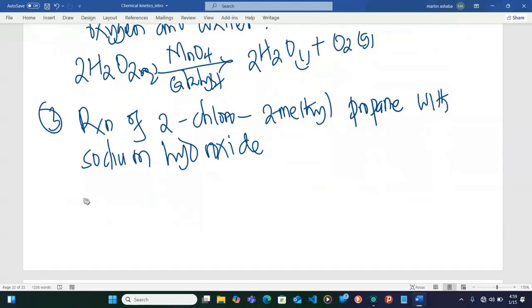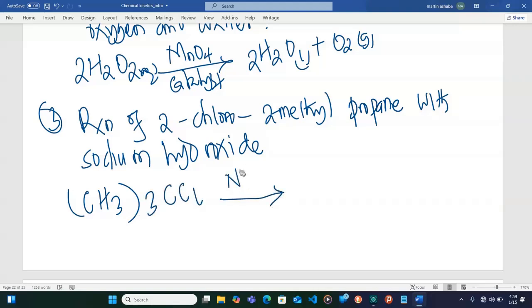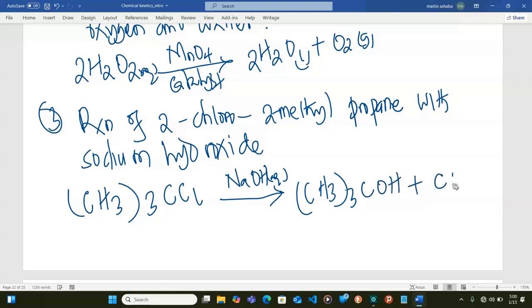We have 2-chloro-2-methylpropane, (CH3)3CCl. In the presence of sodium hydroxide, we are going to get (CH3)3COH, plus a chloride ion.